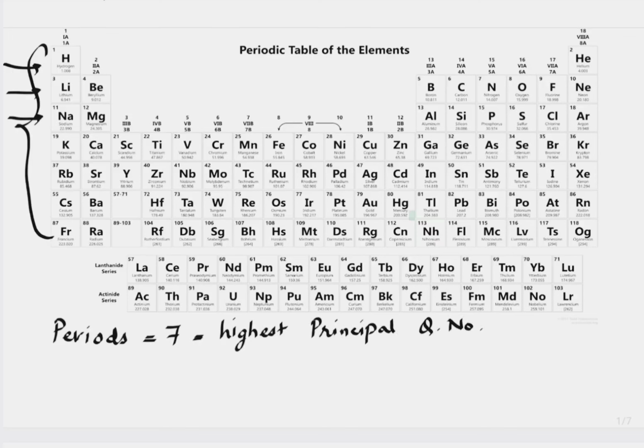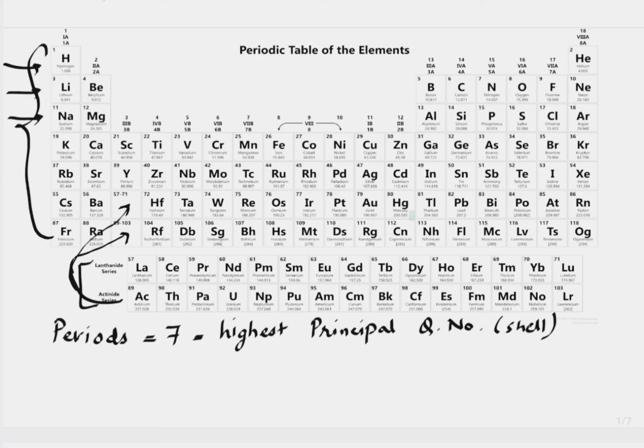That means, the highest principal quantum number tells you the outermost shell. So if you have any element and you have its electronic configuration, the highest shell, which is also the highest principal quantum number, is also the period number of that element. We have 7 of them. These 2 are not separate periods, they actually belong to these places.